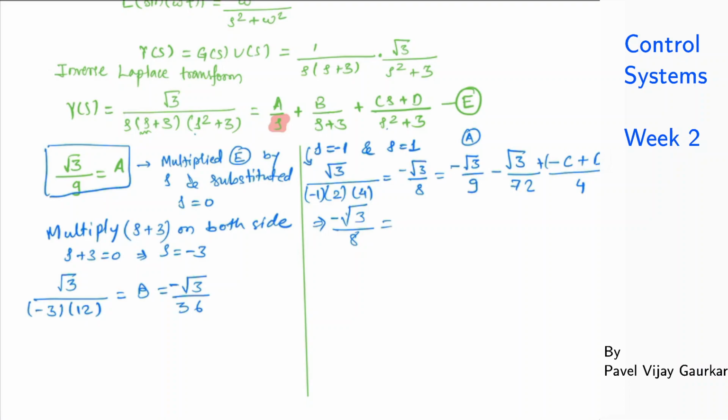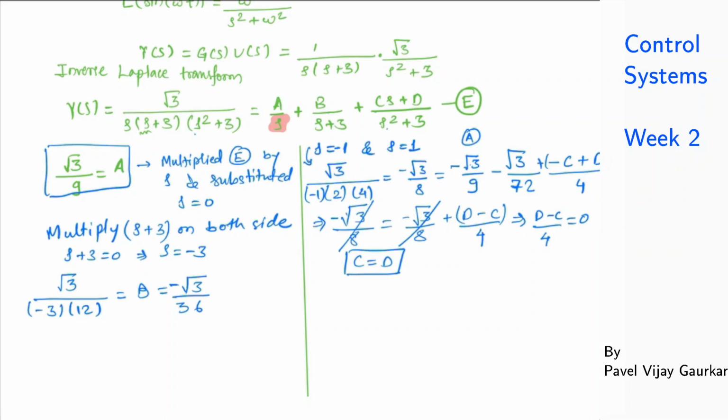So this term after solving, we can multiply both by 8, we'll end up getting minus root 3 over 8 plus, let me write it, d minus c over 4. So these two terms will get cancelled. This implies d minus c by 4 is 0. That means c is equal to d. So we got one condition.